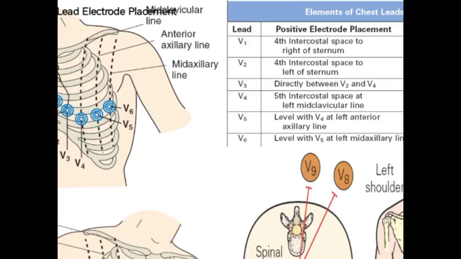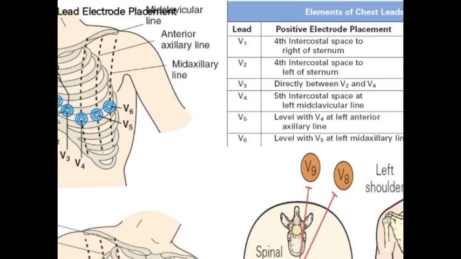Okay, V2 is in the fourth intercostal space to the left of the sternum. The same: V1 on the right, and V2 on the left in the fourth intercostal space. V3 we put directly between V2 and V4. This is V2 here, and V4 we put just here. This is V3. About V4 here we use lines.